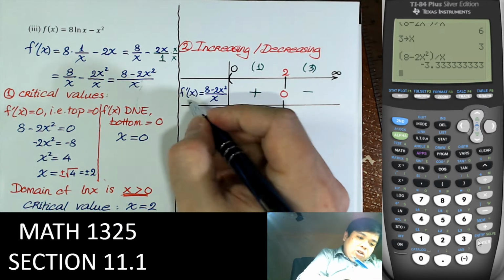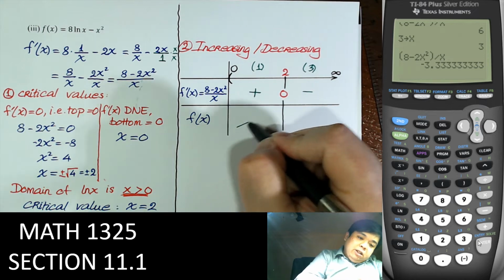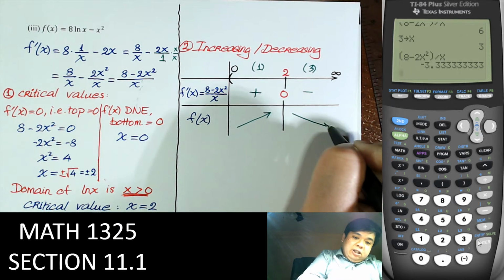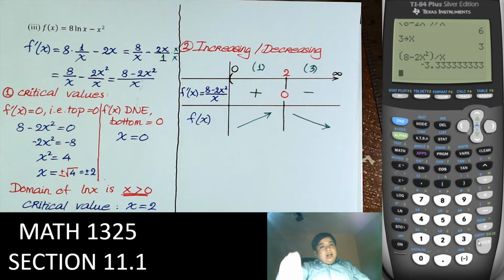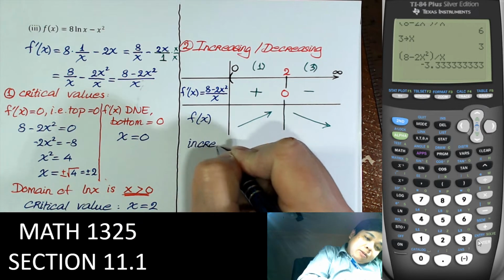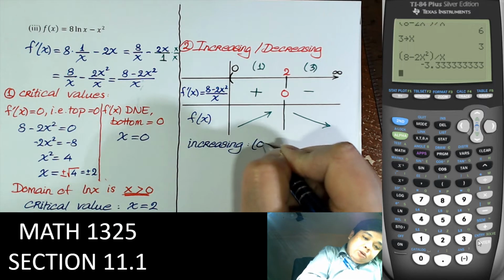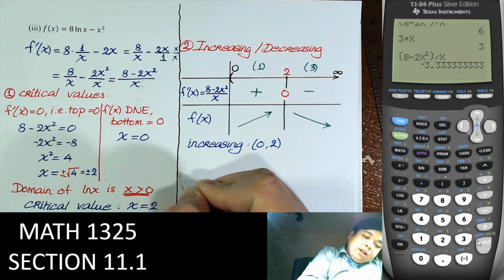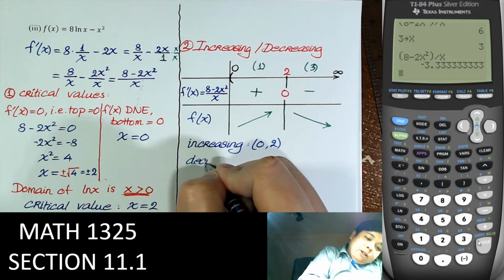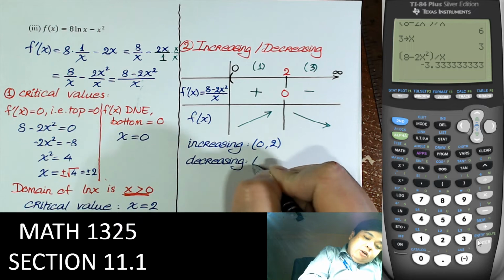Positive means increasing, negative means decreasing. So the function is increasing from 0 to 2 and decreasing from 2 to infinity.